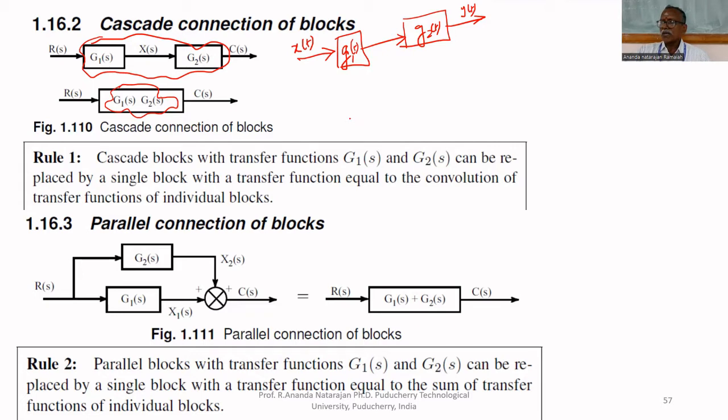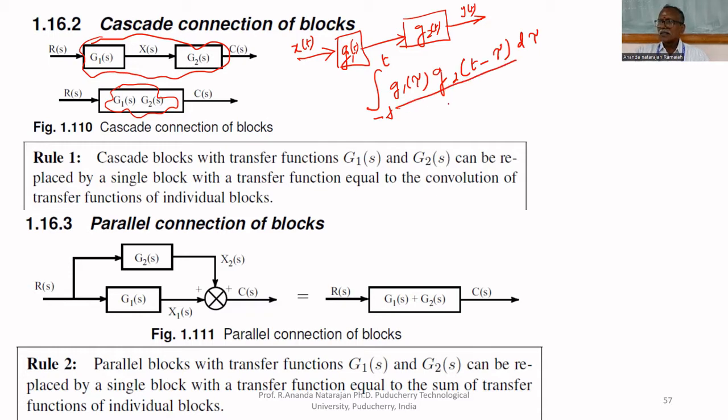The convolution is the integral from minus infinity to t of G1(tau) G2(t minus tau) d tau. This is in time domain.